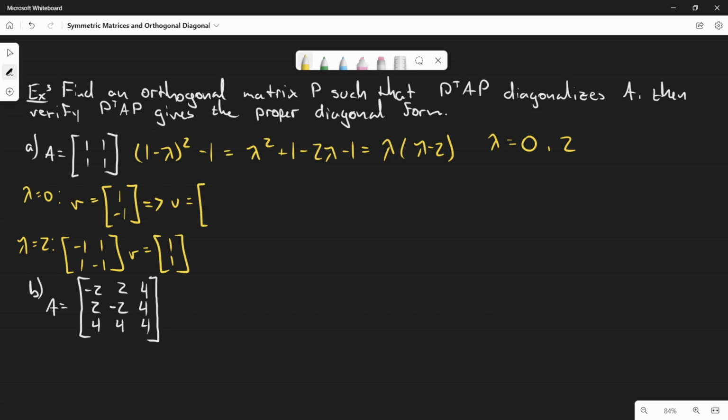So our unit vector will be root 2 over 2. If you do not remember how to do this, I will link a video that should be showing up in the top right corner right now. For eigenvalue 2, we have the same thing, it's just that there's not going to be a negative.